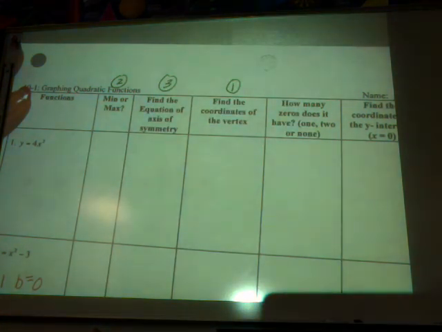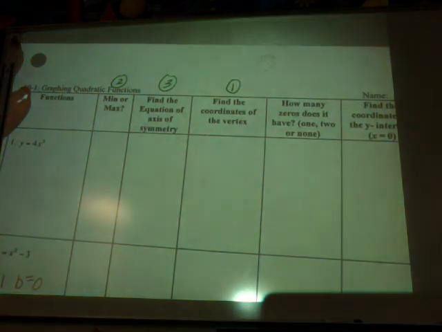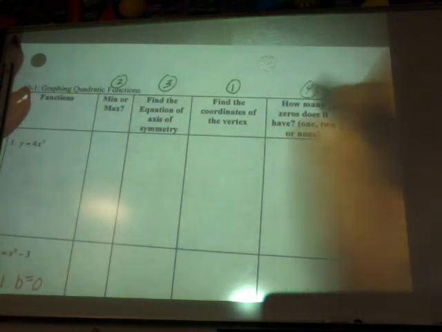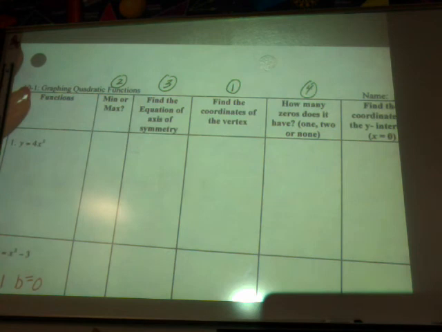Your exact max and your exact minimum value? So once you know those, then step 4 would be to locate zeros if there are some that you can find. In other words, make sure it's not prime. And then 5, you can find your coordinates for your y-intercept. And then finally 6, you're going to sketch that graph. So that's the order that you should be doing those columns in.